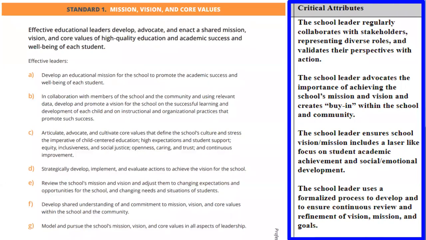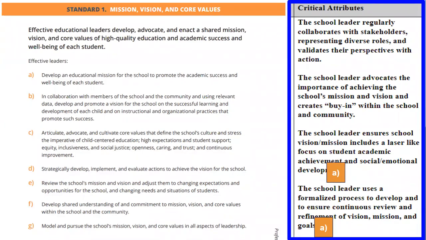Let's look at an example to illustrate how elements and the big ideas of a standard inform critical attributes. For Standard 1, the Kentucky team identified 4 critical attributes. To begin, element A informs the third and fourth critical attributes. Looking closely at element A, the importance of the mission being the lever for the success and well-being of each student is prioritized.